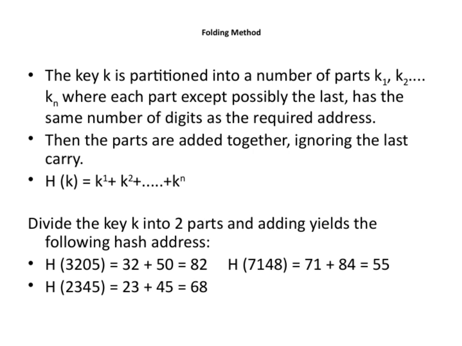And for 2345, splitting into 23 and 45, the sum is 23 plus 45, which equals 68. This folding method is a straightforward way to generate a hash address, and it's especially useful because it evenly distributes keys by combining different parts of the key into a single value. It's a simple yet effective technique that aligns well with our overall goal of efficient hashing.